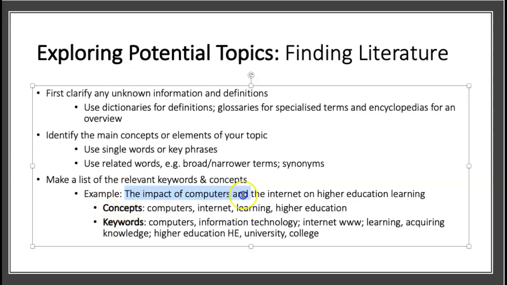Here is the example: the impact of computers and the internet on higher education learning. And the concepts that we'll be looking at are computers, internet, learning, and higher education. The key words would be computers, information technology, the internet, the World Wide Web, learning, acquiring knowledge, higher education, HE, university, college. Okay, so we're breaking down our topic and we're thinking about how we can focus it.